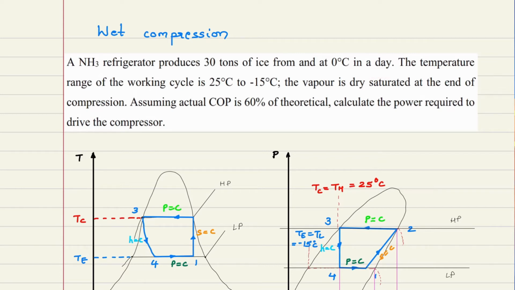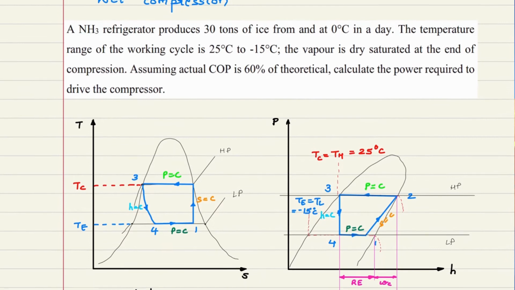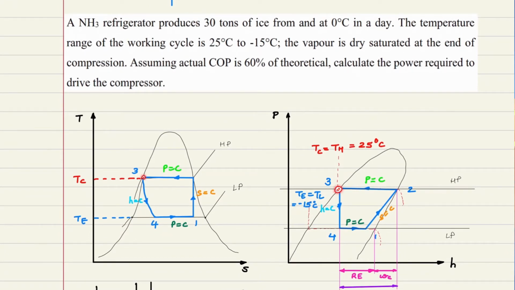Temperature range: T high or condenser temperature is 25 and evaporator or T low temperature is -15. Vapor is dry saturated at end of compression, so point 2 is on saturated vapor. So from here we assume that point 3 is saturated liquid, since nothing is given in the question.